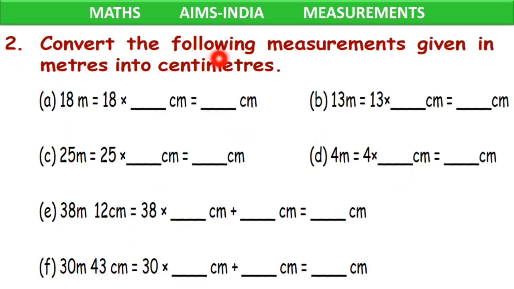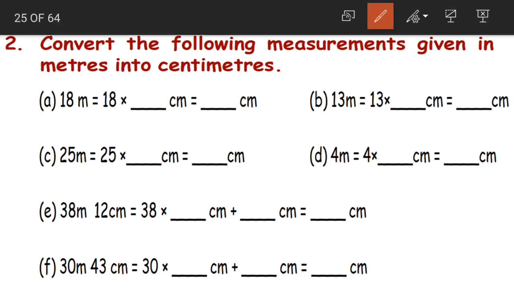Now next, convert the following measurements in meters into centimeters. Again, but what is the difference here? See, 18 meters is equal to 18 into dash centimeters. So what should we multiply 18 with? We should multiply 18 with 100, and upon multiplying, what will we get?